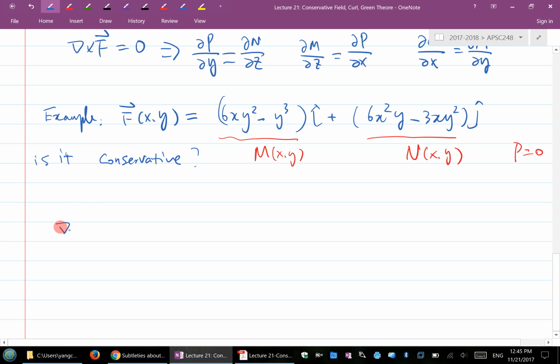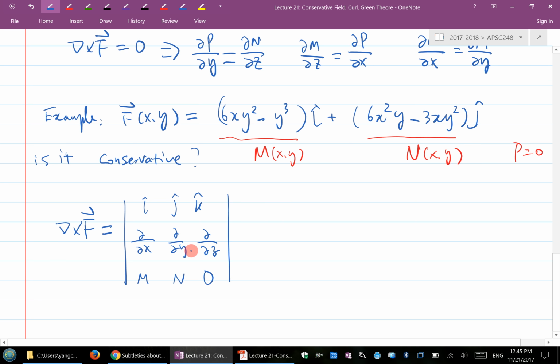Del cross F is what we're going to check. So del cross F: i, j, k in the first row, then partial x, partial y, partial z as your second row, and the third row is M, N, and P is 0, so you put a 0 here. That's the cross product.